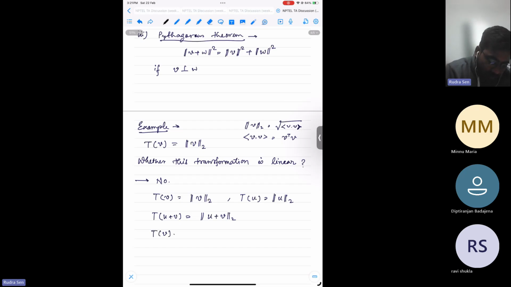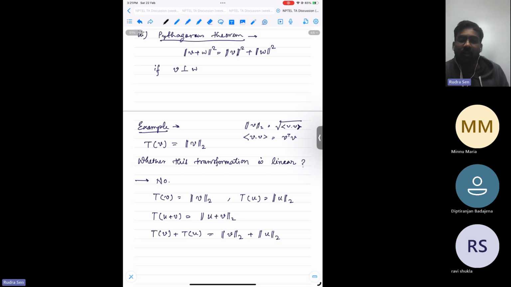Because if I do TV plus TU, this is basically norm of V plus norm of U. I did not say anything about whether V and U are orthogonal to each other or not.